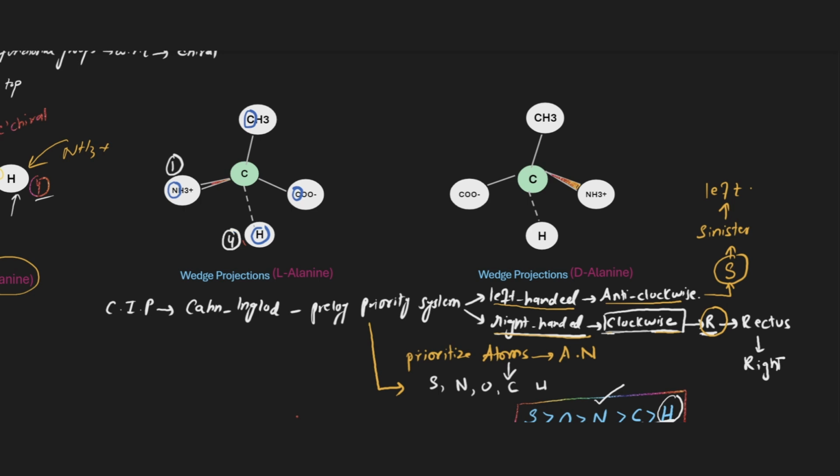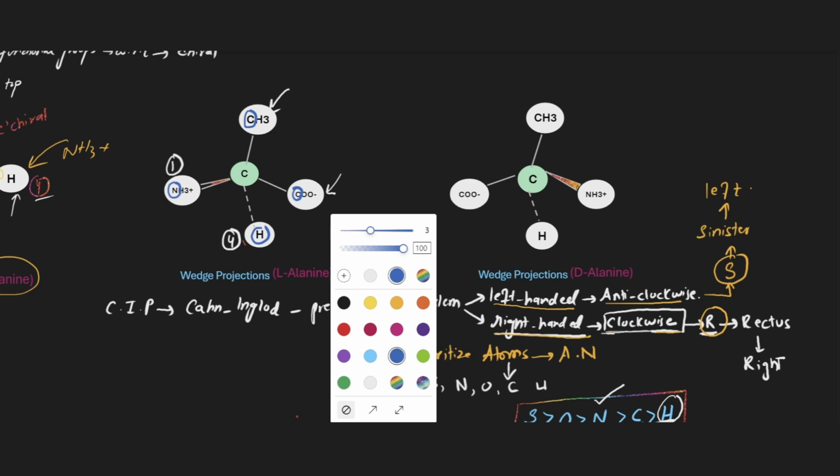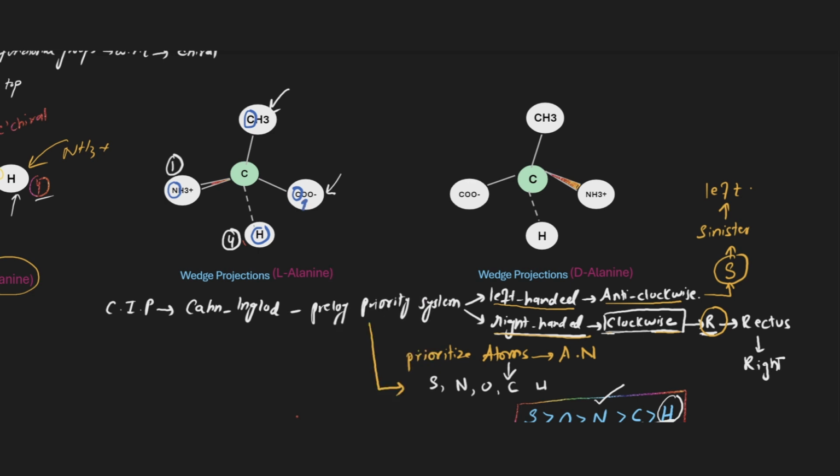Now we are left with the functional groups, that is this R group and this carboxylate group. And the problem here is that in both these cases, this is the carbon atom which is directly attached to the central chiral carbon. Now what to do in that particular case? In that case, you are going to look at the second atom beside the carbon atom. So in this case it is oxygen, and here in this case it is basically the hydrogen.